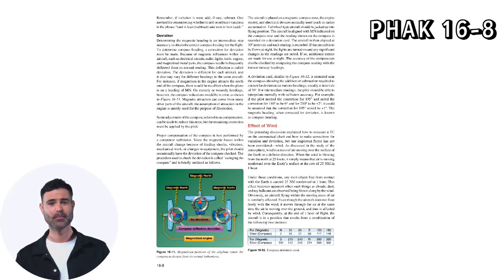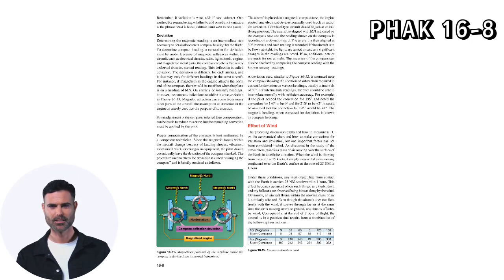Effect of wind. The preceding discussion explained how to measure a TC on the aeronautical chart and how to make corrections for variation and deviation, but one important factor has not been considered: wind. As discussed in the study of the atmosphere, wind is a mass of air moving over the surface of the Earth in a definite direction. When the wind is blowing from the north at 25 knots, it simply means that air is moving southward over the Earth's surface at the rate of 25 nm in 1 hour.